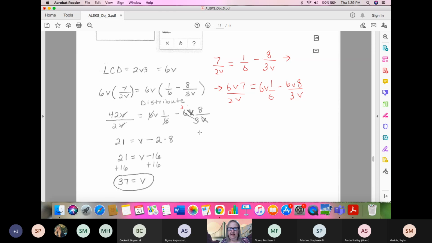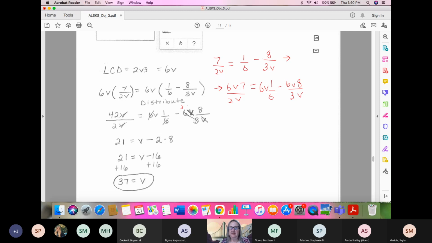So what kind of cancellation occurs there? Let's look at this first term. This 6 cancels this 6, and we get 1. 6 divided by 6 is 1, times what's left is what's left, and what's left is V times 1, which is just V. Minus sign in the middle. Cancel this.